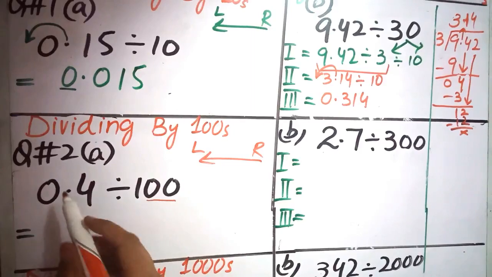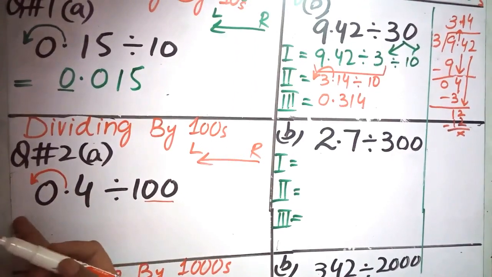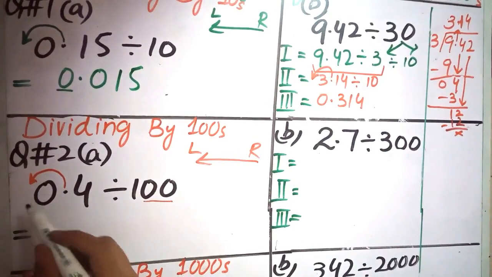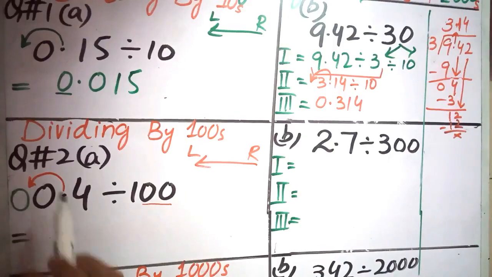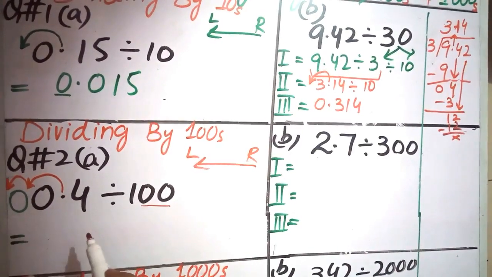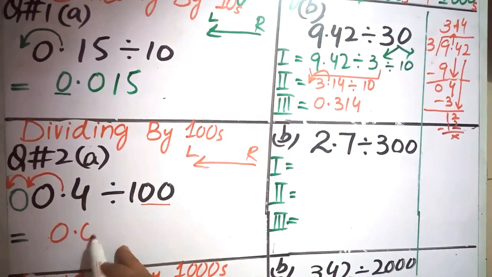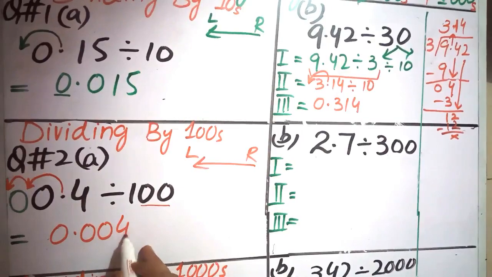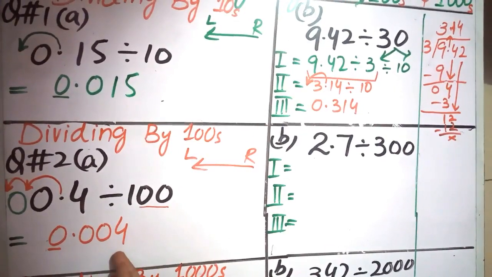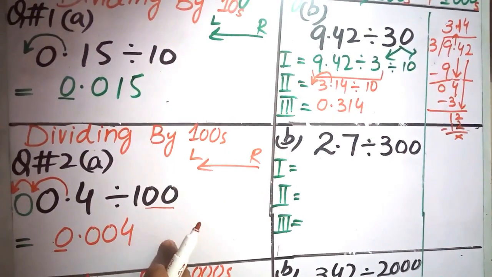But if we shift the point once, we are not having any other number, so we have to put an extra 0 to shift the point the second time. Now we will get the answer 0.004, and I have put an extra 0 to balance the number. Again we have done this question in one step.